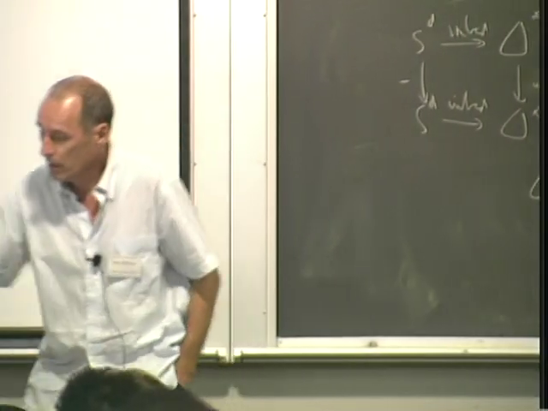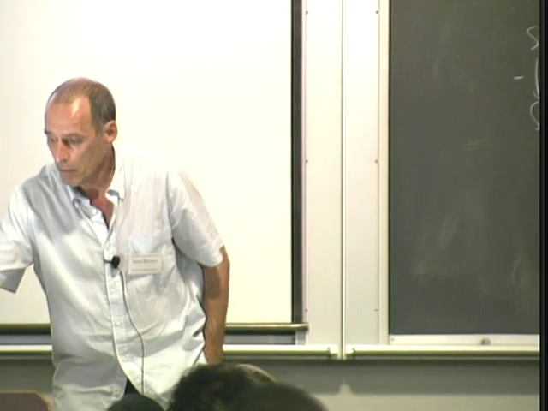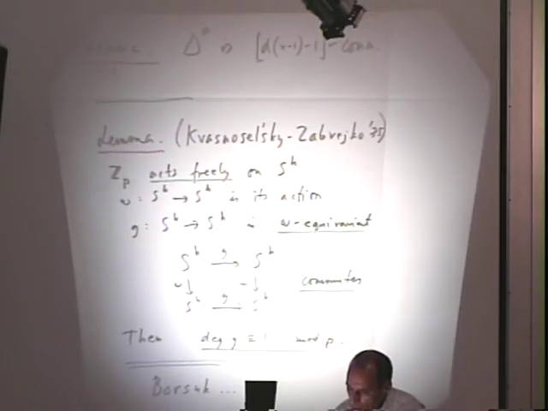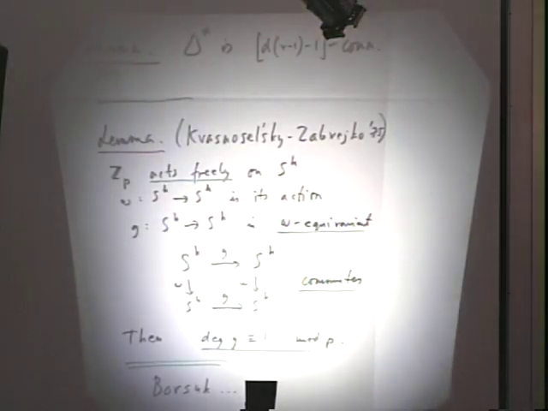And then here is a theorem that I wanted to prove, but I won't have time for it, so I just tell you how it goes. It is due to Krasnoselski and Zabrejko. Krasnoselski had several theorems in this direction.